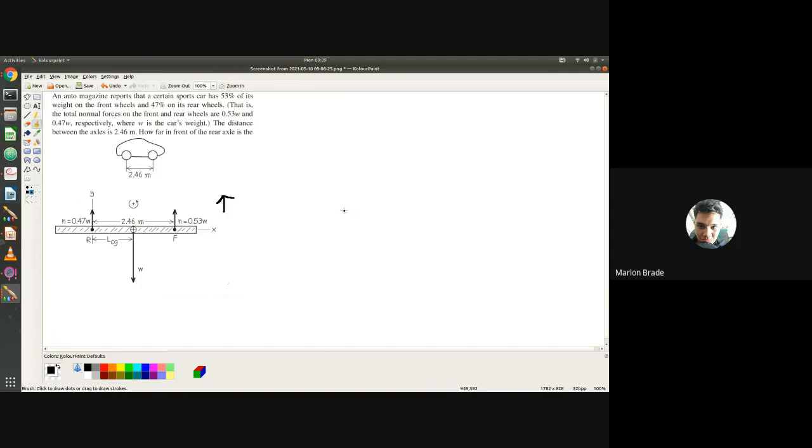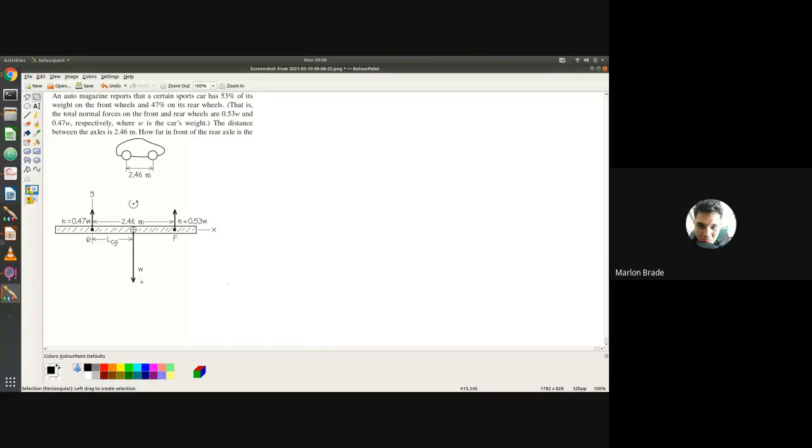The second is the torque. So what about the torque? When we solve an equilibrium problem, what we do first is choose an origin. We cannot place the origin at the center of gravity because we don't know where the center of gravity is.